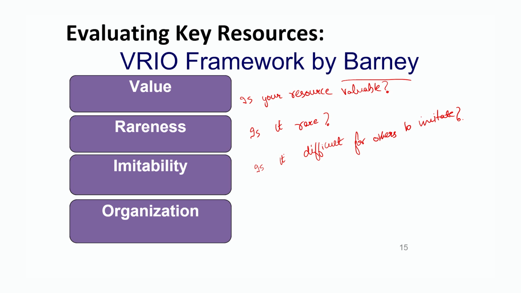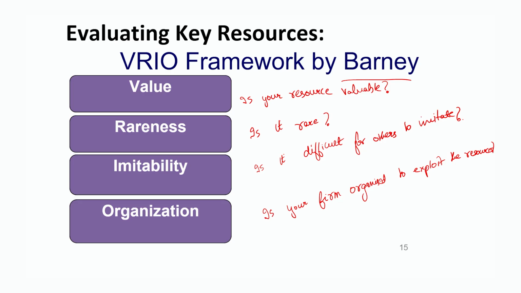Once others imitate it, a company will lose its competitive advantage. And the last, is your firm organized to exploit the resources? Whether you have adequate structure, culture, policies, and procedures in order to exploit that particular resource.